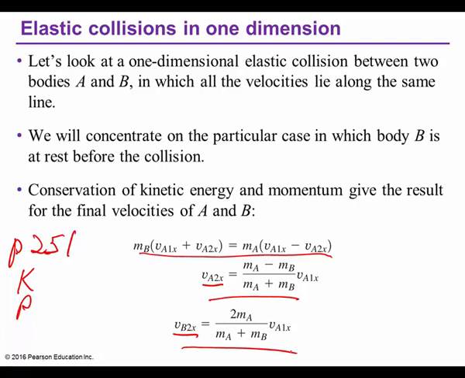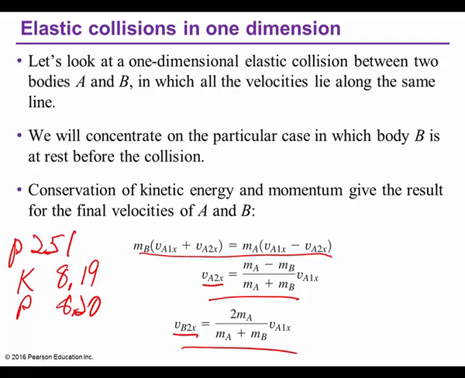Take your kinetic energy equation 8.19 and your momentum equation 8.20, set those up and divide the kinetic energy by the momentum, and you'll notice there's a difference of squares in there. Then you take equation 8.23 and substitute it back in, and you come to these equations here. It's a very long, drawn-out process of solving these equations.